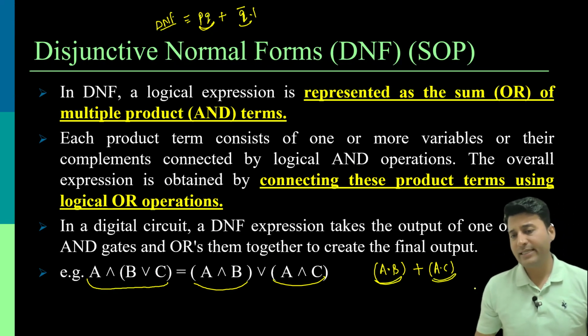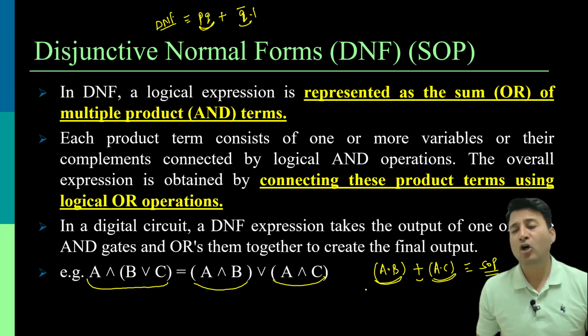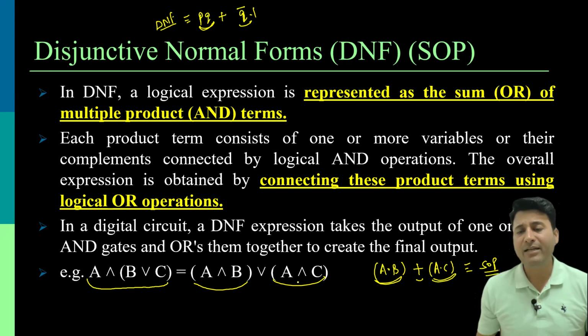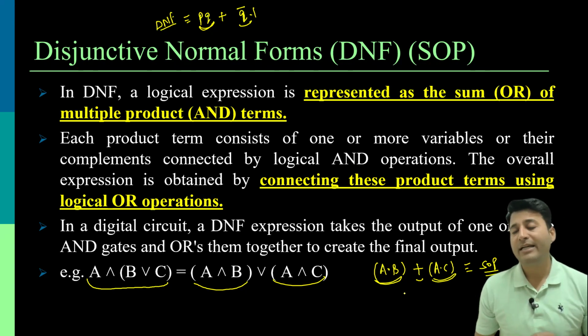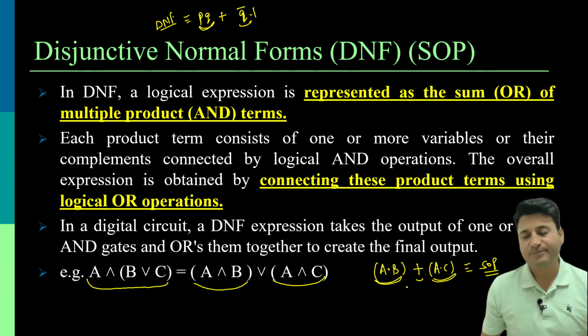This is a product, yes. And they are summed. It is sum of the product, SOP. So one example of disjunctive normal form or DNF. Over here you can see there are three variables, and it's not like every product has all three variables. It's not mandatory in DNF that every product should have all the variables.